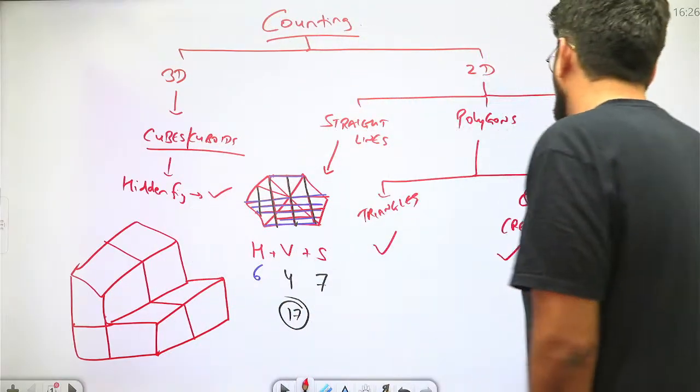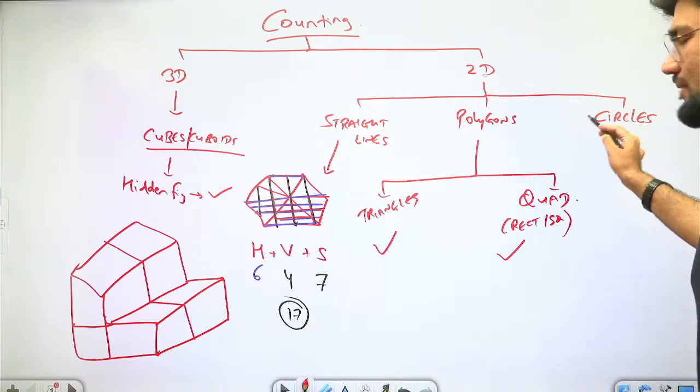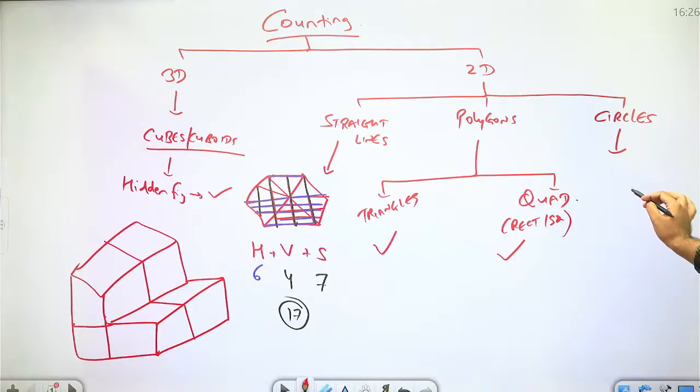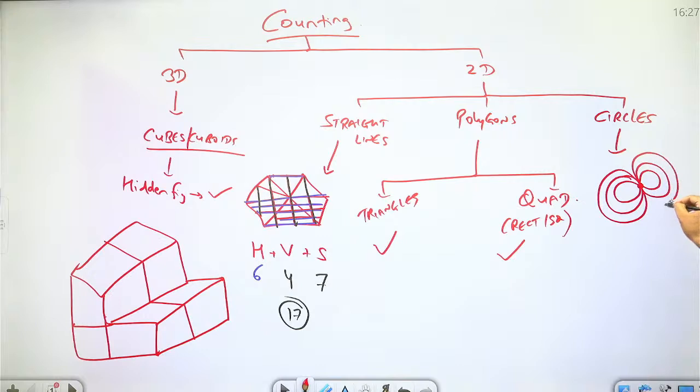Now what about circles? In case of circles, there will be a complex figure. There are two approaches given here. Either I have a circle with one origin point and I can see multiple circles emerging out of it, something like this. I've not drawn it correctly, but just assume.